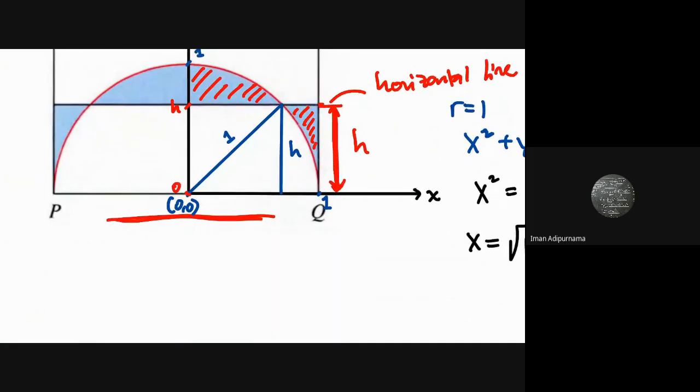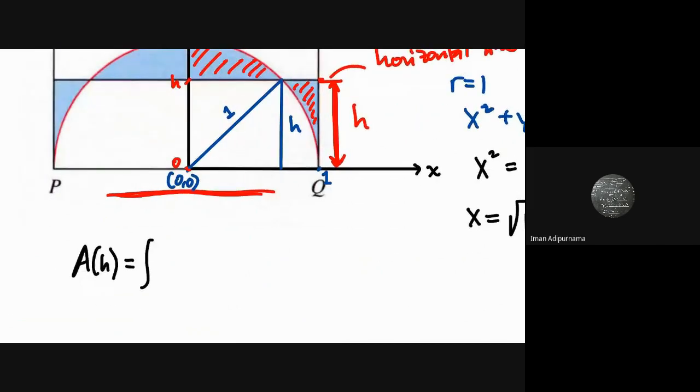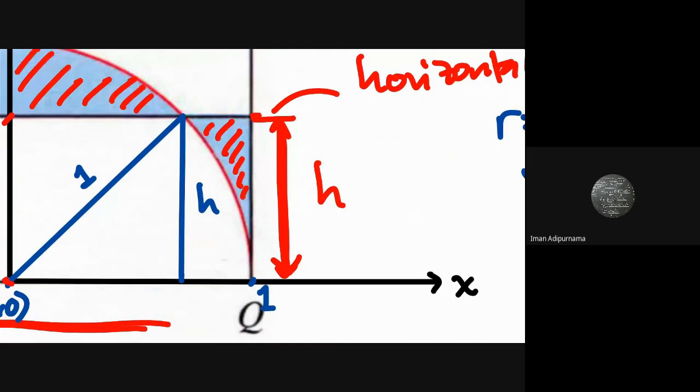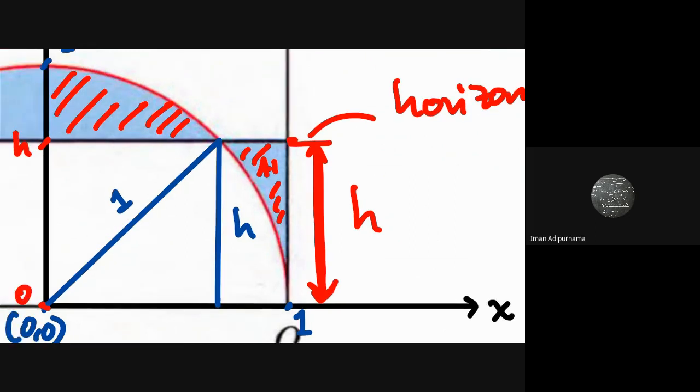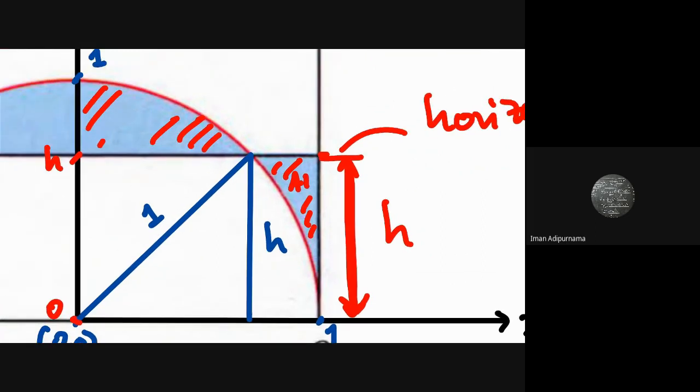So first, integrate. This is the area as a function of h. This is the integral from 0 to h. Let's say this one is A1, and this one is A2.